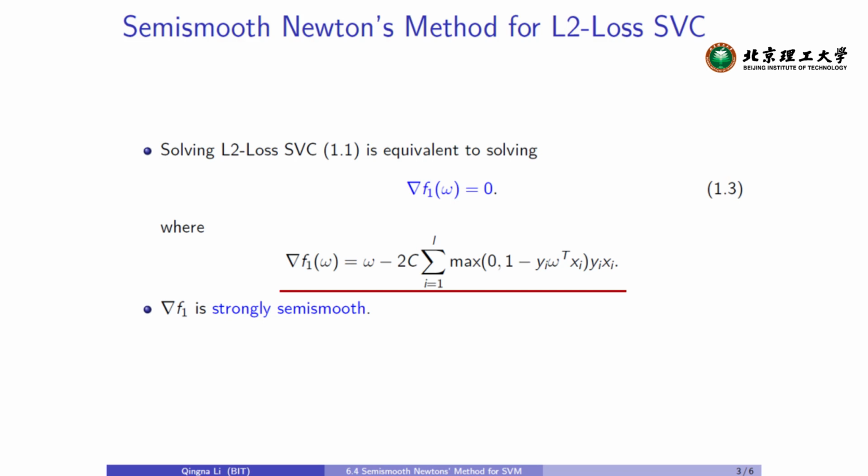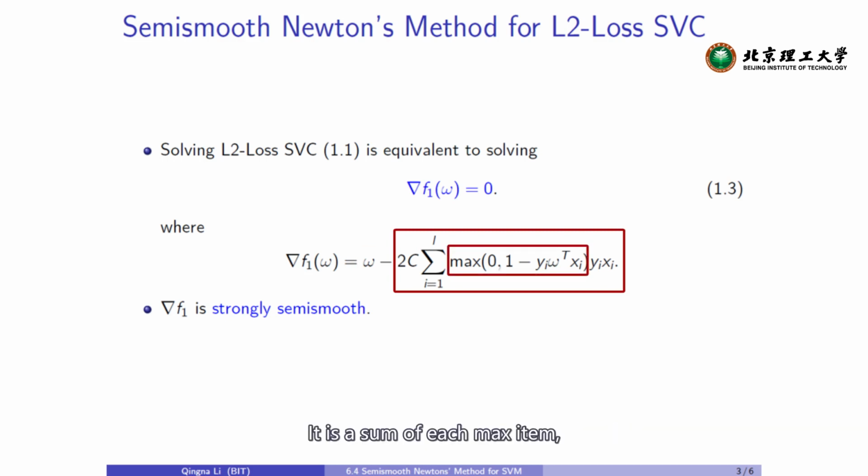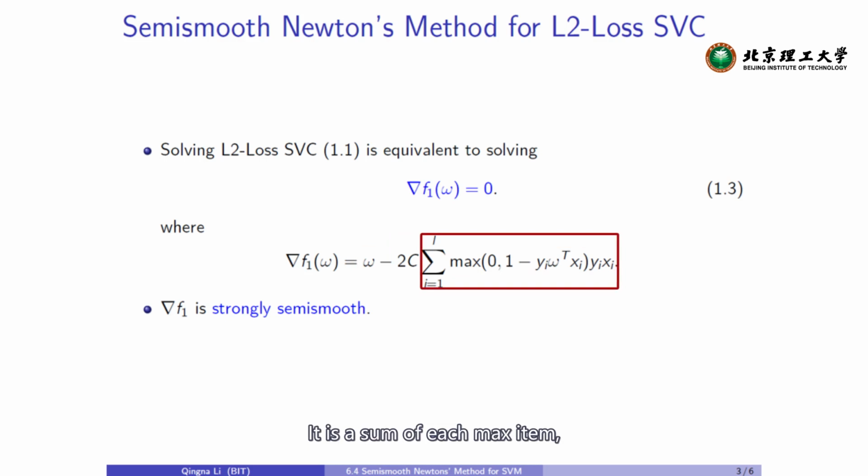All right? And notice that in this gradient, the first term is omega, which is nice, and in the second term, you can see that there is a max function inside it. It is a sum of each max item. So this brings a very interesting difficulty. We cannot take a further Hessian matrix.